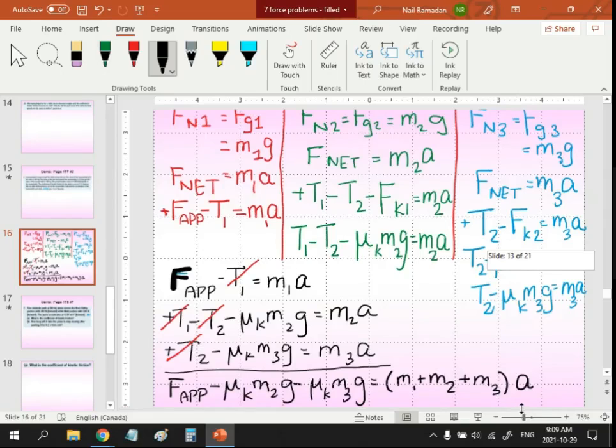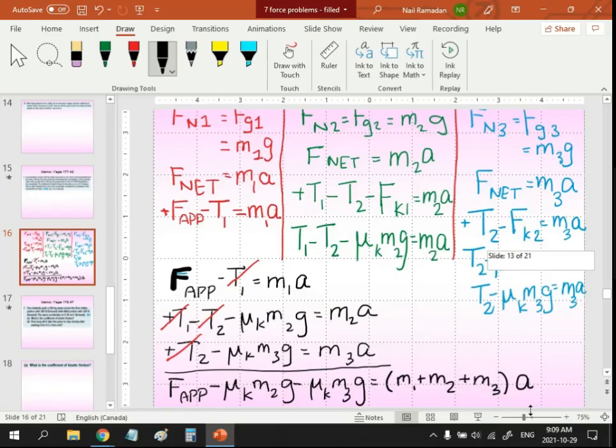I added M1A plus M2A plus M3A. But because I know that this one could be factored out, I factored it out, and I just remained with those three together. How many people remember factoring? What's common factoring? You need to look at one thing that appears in everything and take it out.